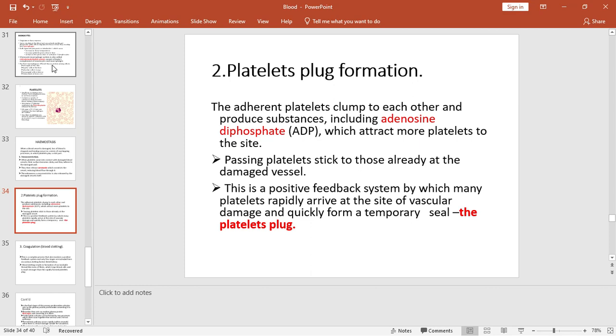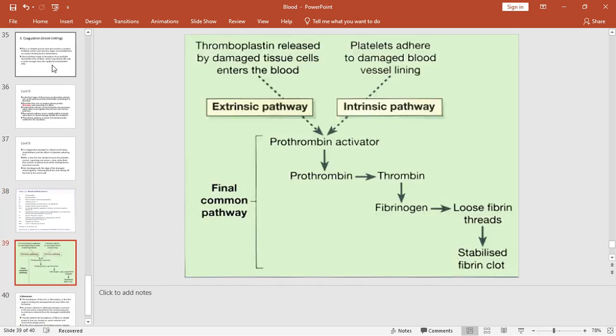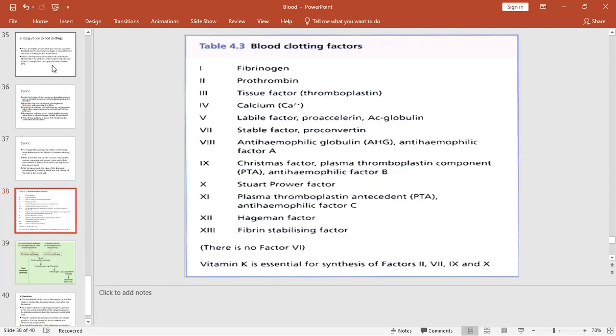Guys, I can see that you are tired. I would like to end this talk, but before I do, I'd just like to show you on slide 38 the various clotting factors that are responsible for helping us to maintain vascular integrity by a process of homeostasis.